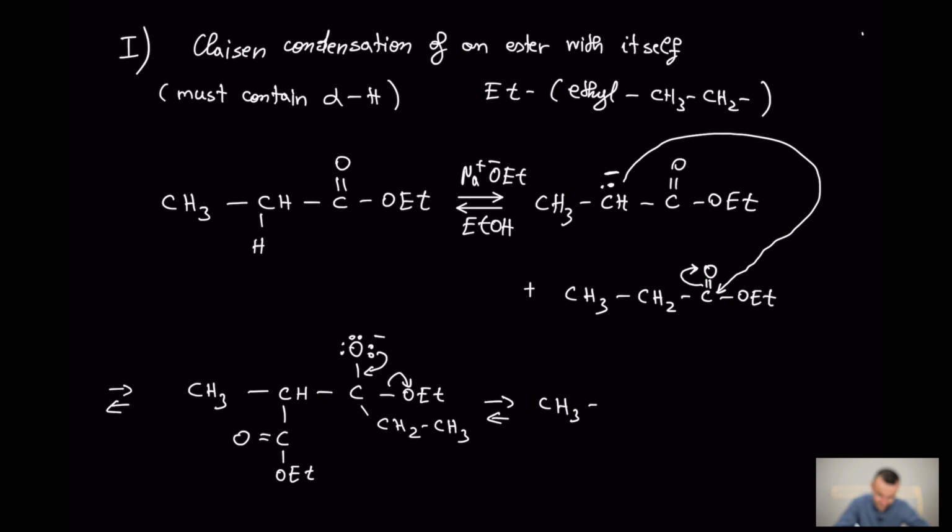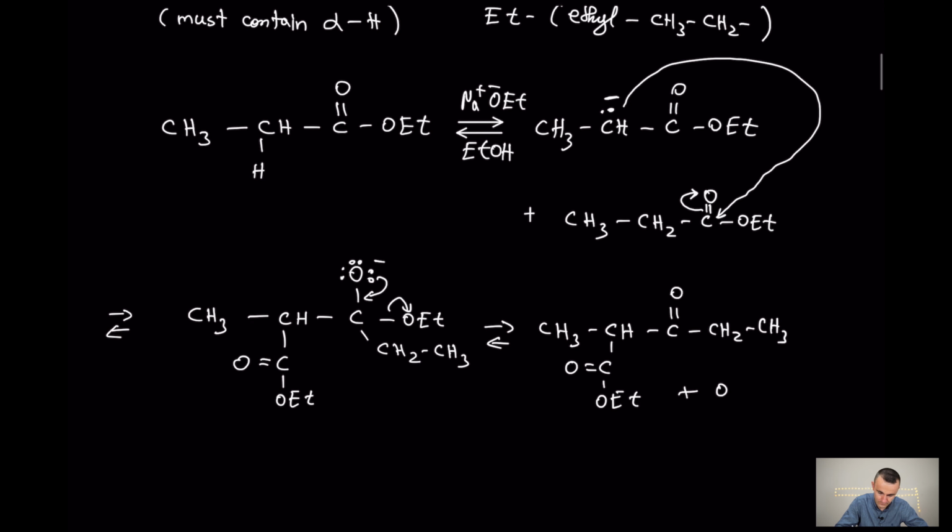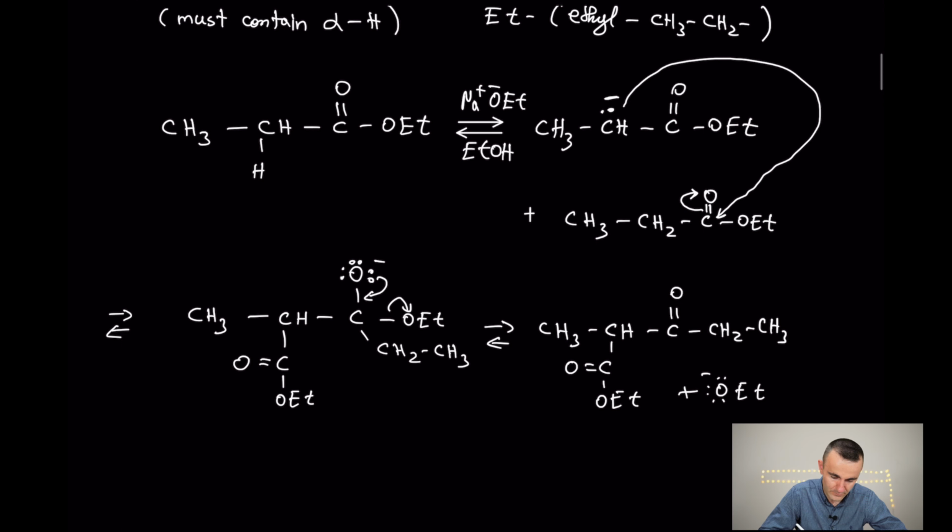Now what do we have? Plus hydroxide minus. Now this hydroxide is going to remove this hydrogen because it's still acidic.